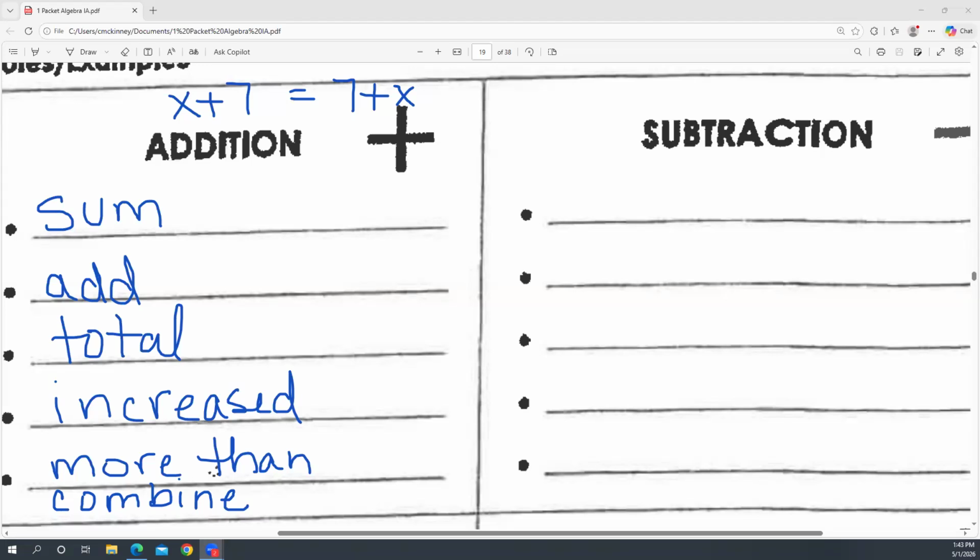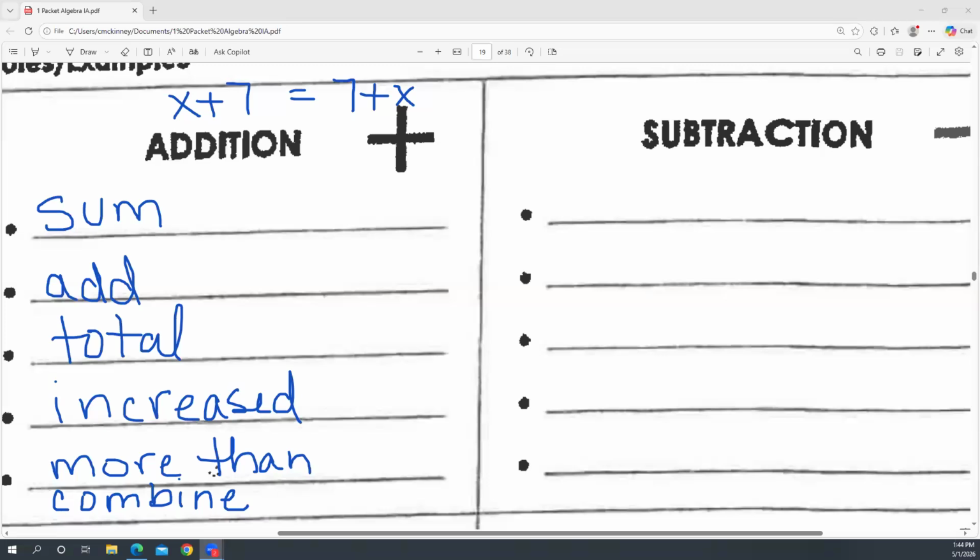So there is a property in math called commutative property, and it just says that for addition and multiplication, the order is not important. We get the same answer, but that's not true for subtraction and division. So we're going to have to be a little more careful with our setups. We'll have less options of how to write things for subtraction and division.